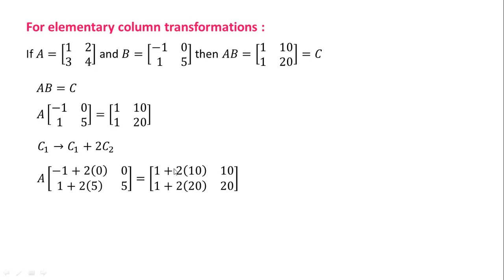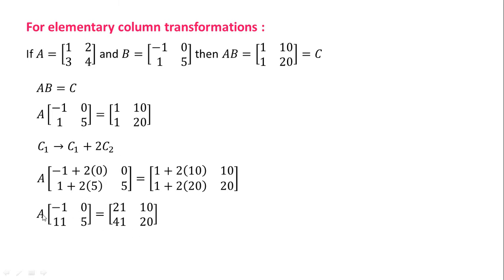Here also 1 plus 2 into 10 and 1 plus 2 into 20. Column number 2 as it is. So it gives, now A remains as it is. Post factor changes to, see here, minus 1, 11, 0, 5, and here 21, 41, 10, 20 as it is. Okay, so we get a new equation.